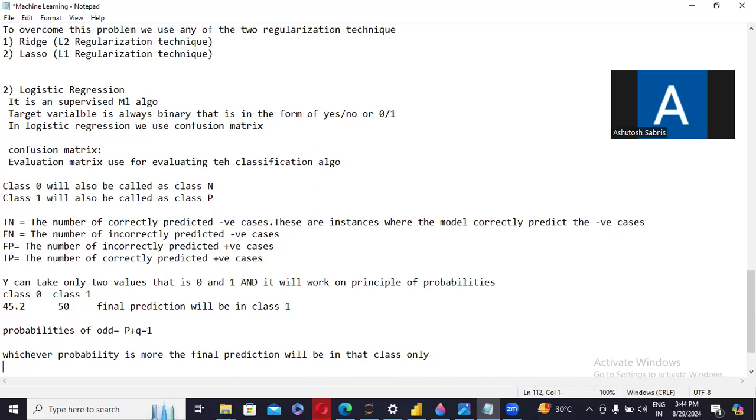So the sigmoid curve is used to differentiate the probabilities. I hope you are getting the concept. I will show you how the sigmoid curve looks.